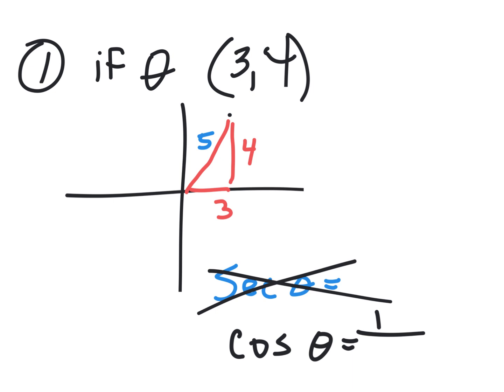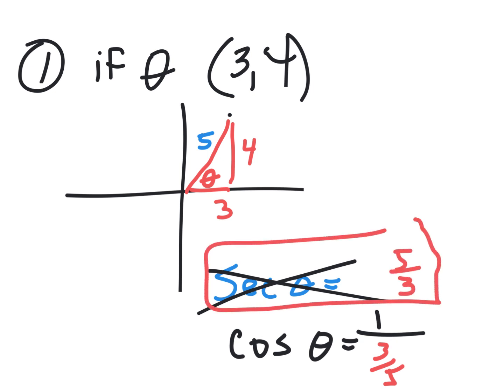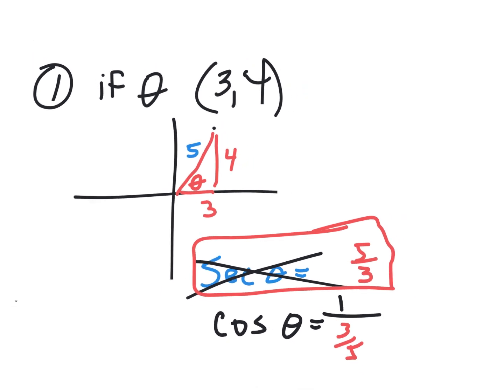All right, so now I'm really just going to try to figure out cosine. Cosine is adjacent over hypotenuse, 3/5. So why am I not going to type in 3/5 as my answer? Because it's 5/3. That's what secant really is. That makes sense? It's just 5 over 3. So you do cosine, but then you can't leave it that way. You flip it.